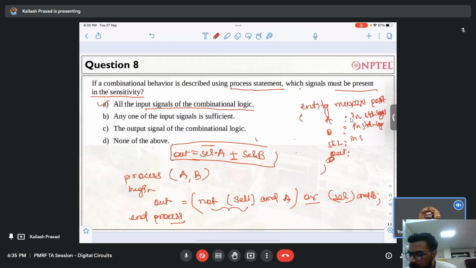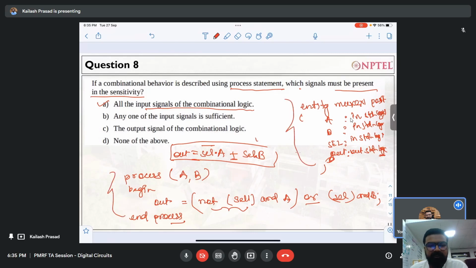This is also input standard logic. This is my output standard logic. Combining these two codes in VHDL will make your entire multiplexer. You have designed the multiplexer using that. So if you want to design any kind of logic, you write the entity, you write the process, and you will get your design.